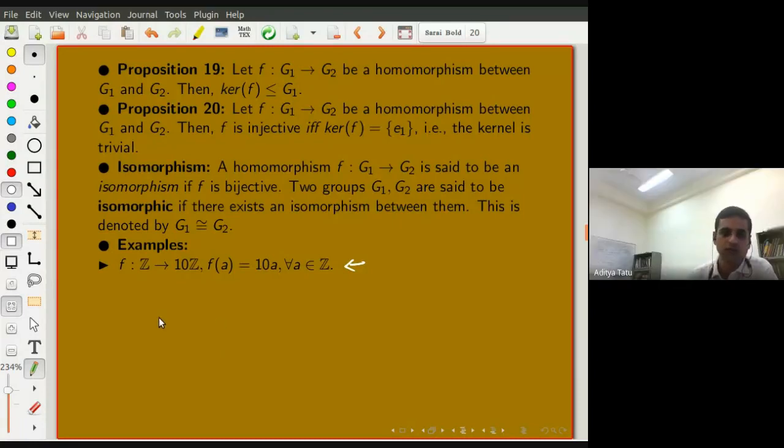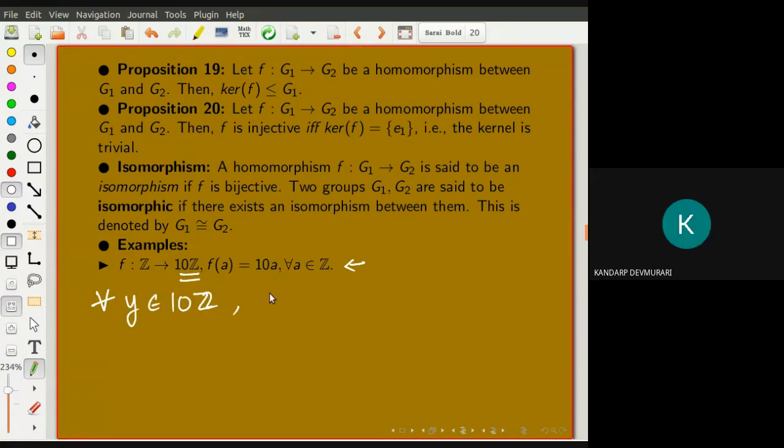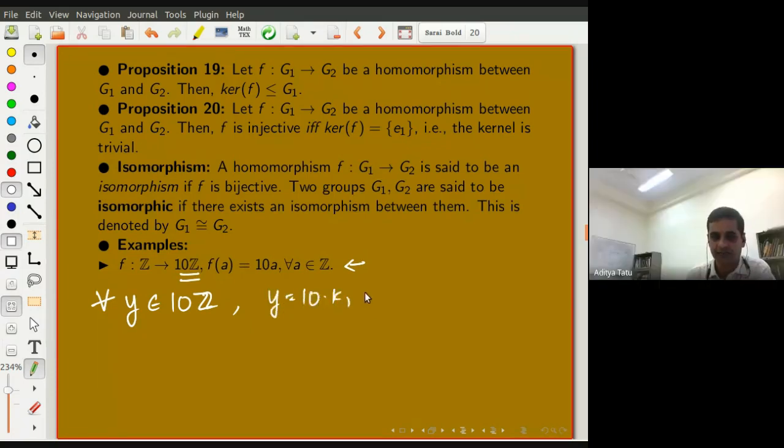Which element in 10Z can you not reach using this F? For every element, let's call it y in 10Z, how does any element in 10Z look like? 10k where k belongs to Z.